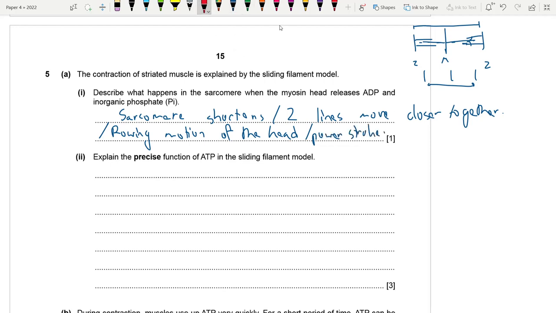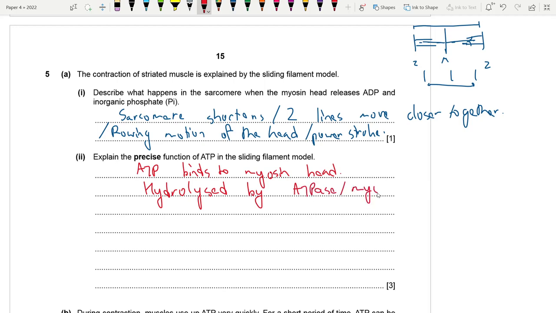So what is the function of ATP then? Where is it used? So the ATP binds to the myosin head after the power stroke occurs. The myosin head actually has an ATPase enzyme, so the ATP is hydrolyzed by ATPase, or the myosin head.